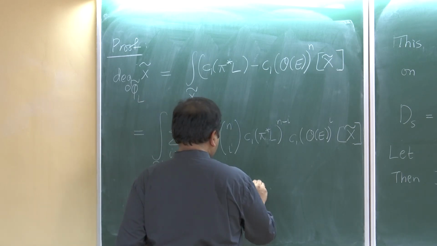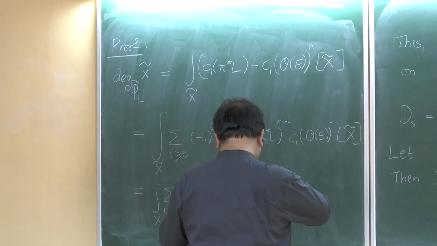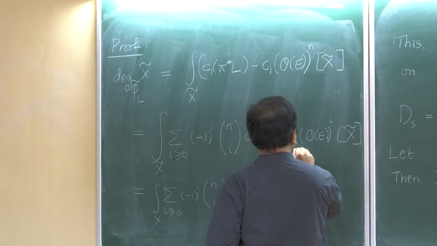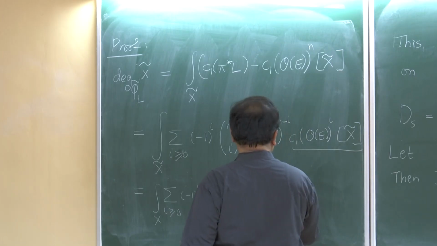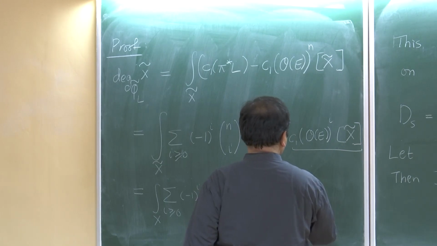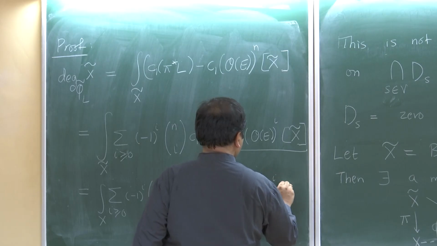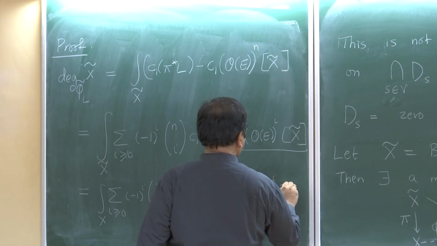So I'm using the projection formula here, and so now I have to push forward this part. So pi push forward of C1 of OE to the I of x tilde.